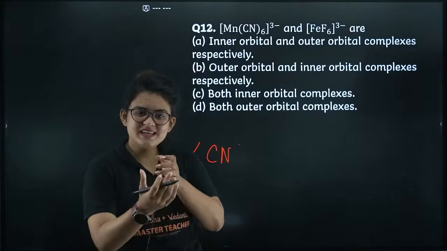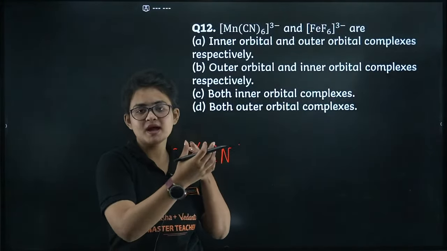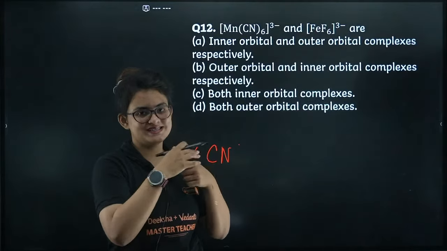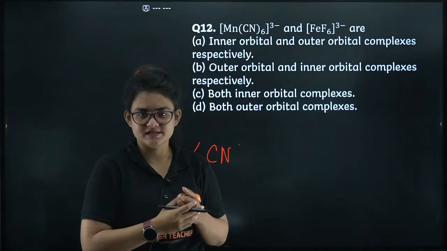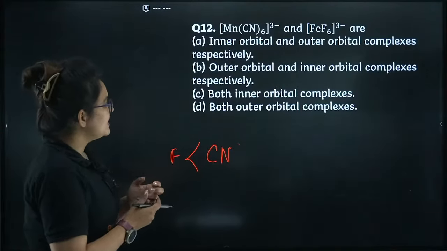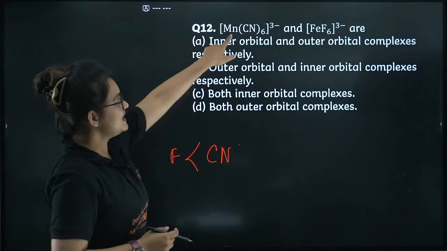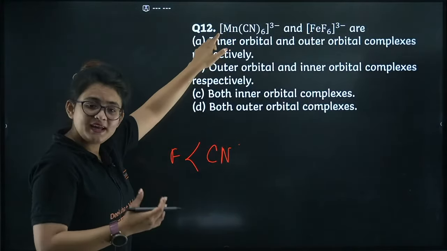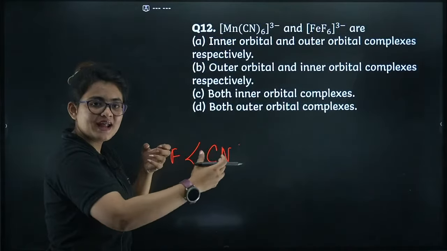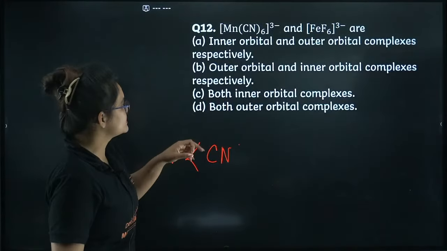As a result of this, the inner d orbital, meaning the (n-1)th d orbital, gets vacant and hybridization takes place there itself. So from there I can tell that CN-, as it will force pair the electrons of manganese, the inner d orbital will be vacant and it will form the inner orbital complex.